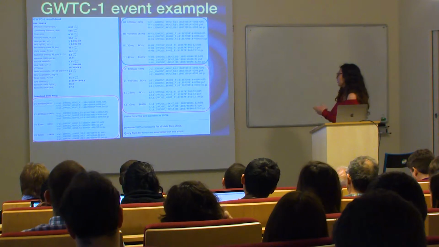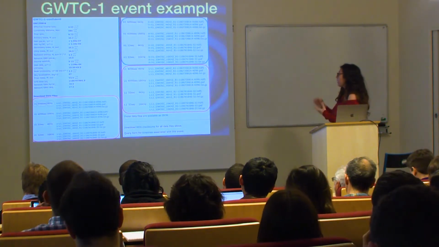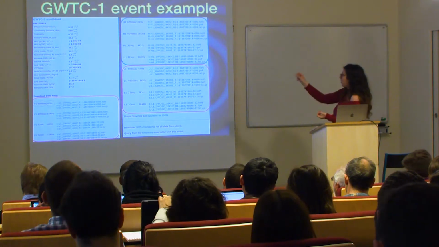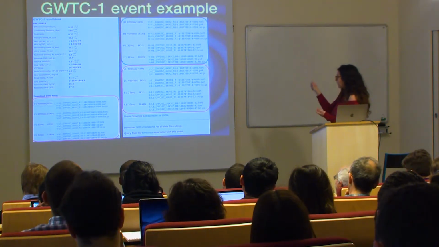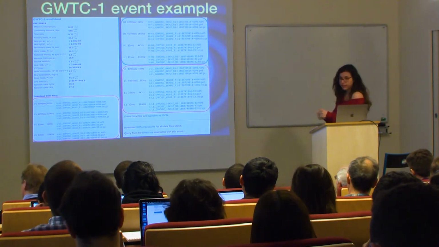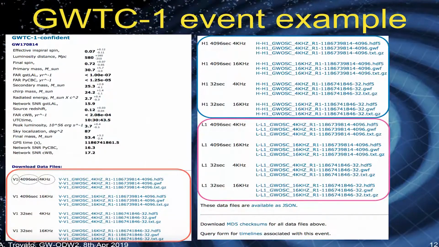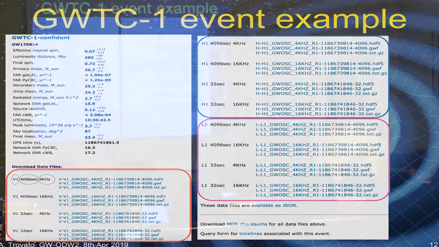So this altogether makes this zoo of files. The name of the file looks a bit tricky, but all the letters and numbers have meaning. Each file name starts with the detector name, then GWOSC, then the sampling rate, the release, R1, then the GPS time, and then the duration. And that's it.